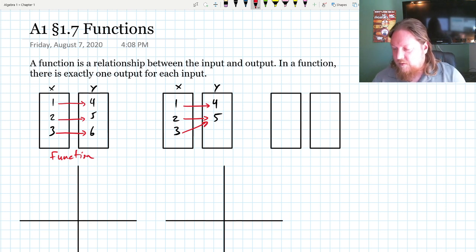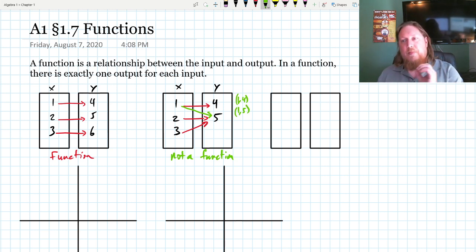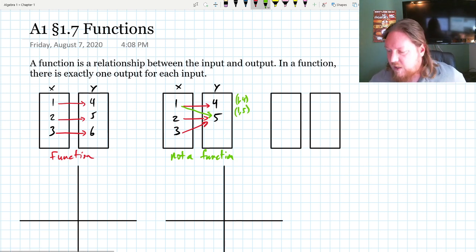What the problem is, and I'll draw it in green here, if 1 goes to 4 and 1 also goes to 5, that's what makes this not a function. The problem is 1 and 4 are paired together and 1 and 5 are paired together. That's the problem.